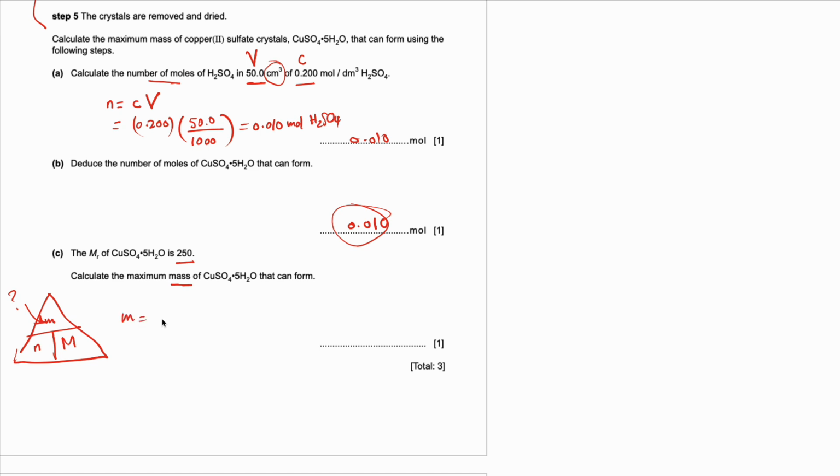So m equals n times M, or Mr, and n was given as 0.010, Mr was given as 250, and that gives us a mass of 2.5 grams of that hydrated salt. So the answer is 2.5 grams.